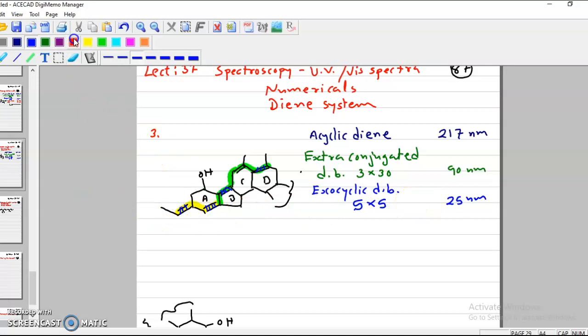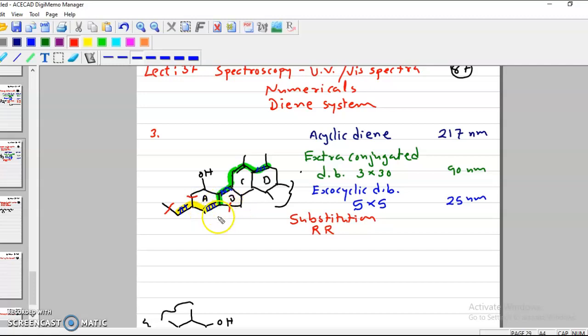Okay, next is substitution. So first of all we'll take RR, ring residues, taking from here. The first RR is this one. So this is one RR. Then for second carbon this is RR. For third one nothing.